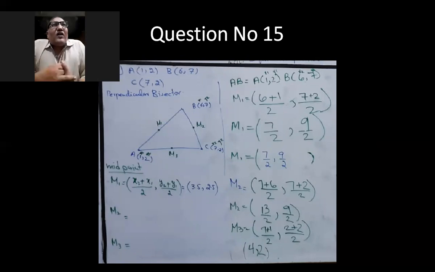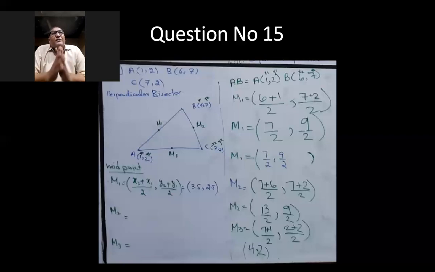First of all, I need to find out the midpoint of the AB line. The coordinates of A and B are given. The formula is very simple. The coordinates of the midpoint are x2 plus x1 divided by 2, comma y2 plus y1 divided by 2. I'm calling the midpoint of AB capital M1. So 6 plus 1 divided by 2, comma y2 plus y1 divided by 2.